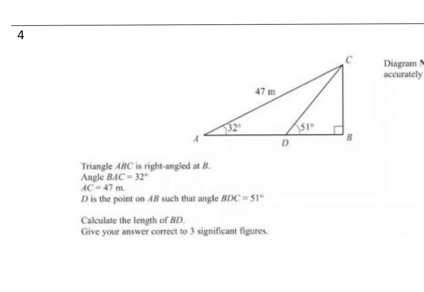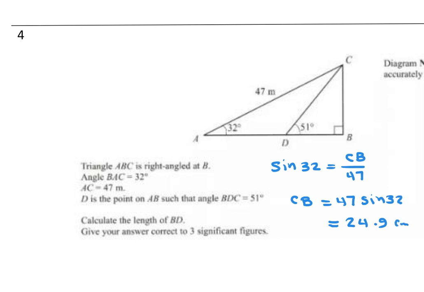Then we can find the opposite, because sine of 32 equals CB over 47. So CB equals 47 sine 32, which equals 24.9 to 3 significant figures. So this side is 24.9.